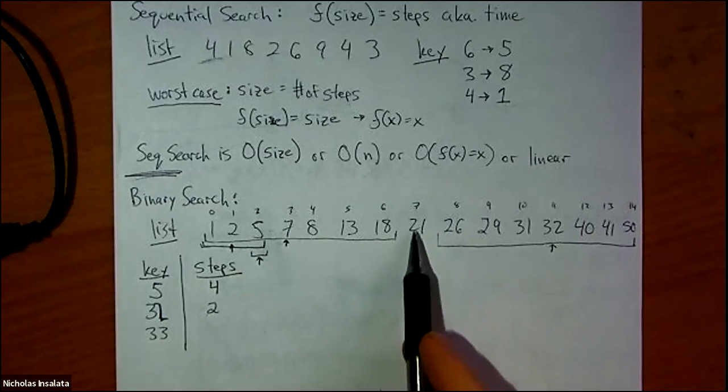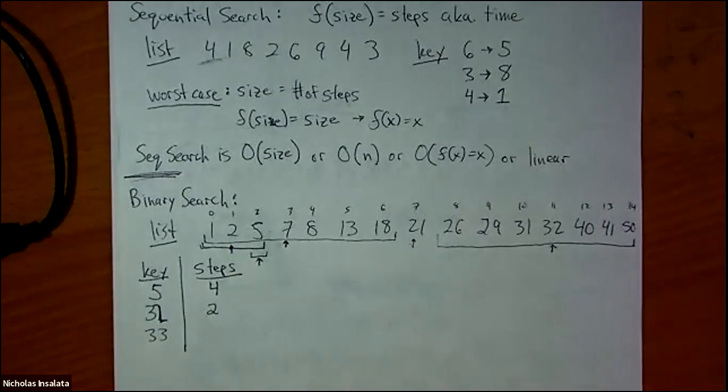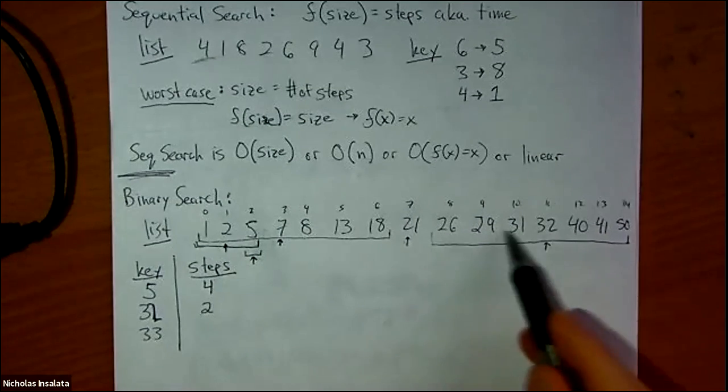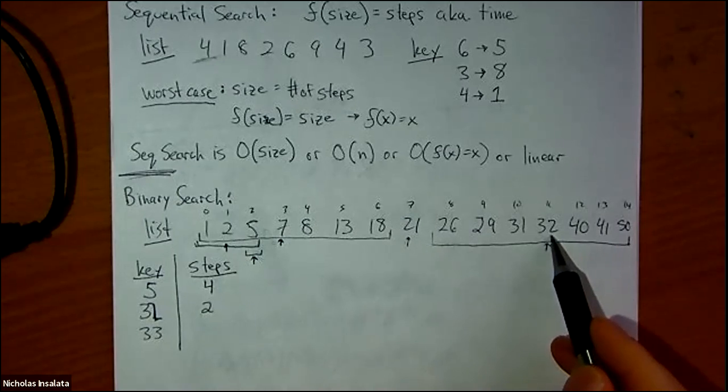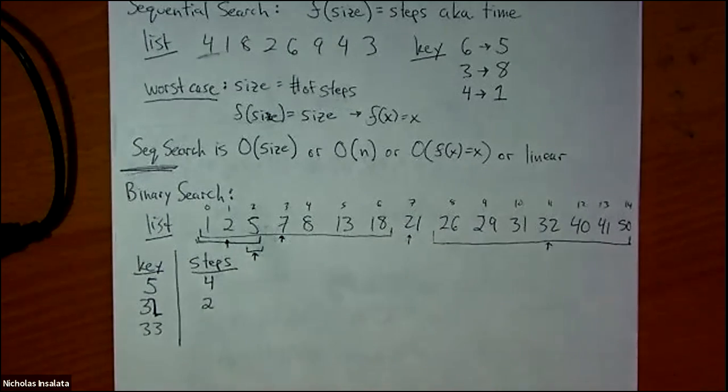What do we do next? Now this is still our remaining chunk here. Okay, we compare 32 against 33 because 32 is halfway down our remaining range, right? Okay, 33 is bigger than 32. So what do we have left now?